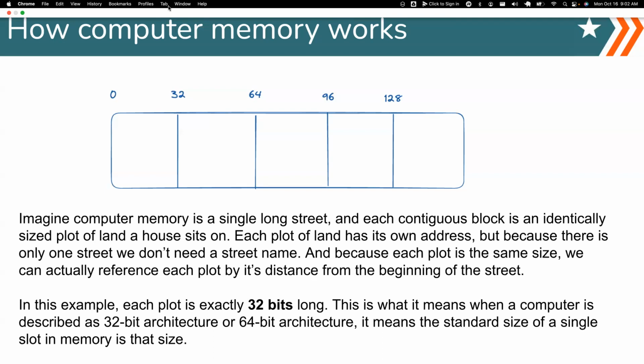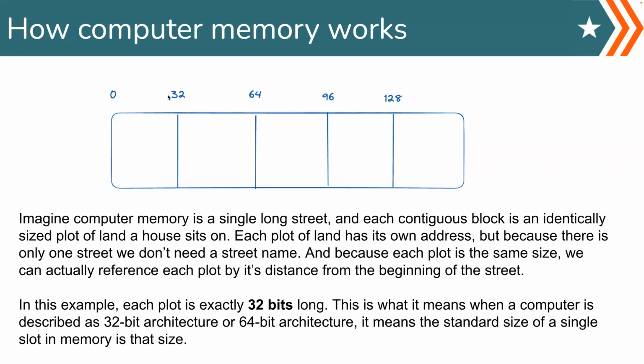And here we're saying each chunk is 32 bits long, so 4 bytes. It's not too important to worry about the exact numbers, but to just start to get a sense of this. The interesting thing is that everything in computer memory is stored this way.